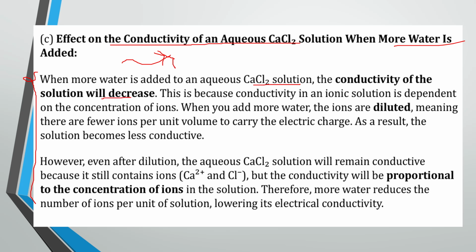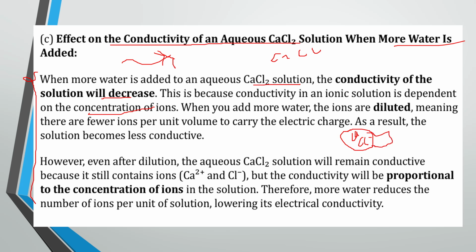This is simply because conductivity in an ionic solution is dependent on the concentration of ions. Let's take it in this format. If you have calcium chloride dissociated to give calcium ions together with chloride ions in solution, remember that electricity depends on the mobility of these ions.